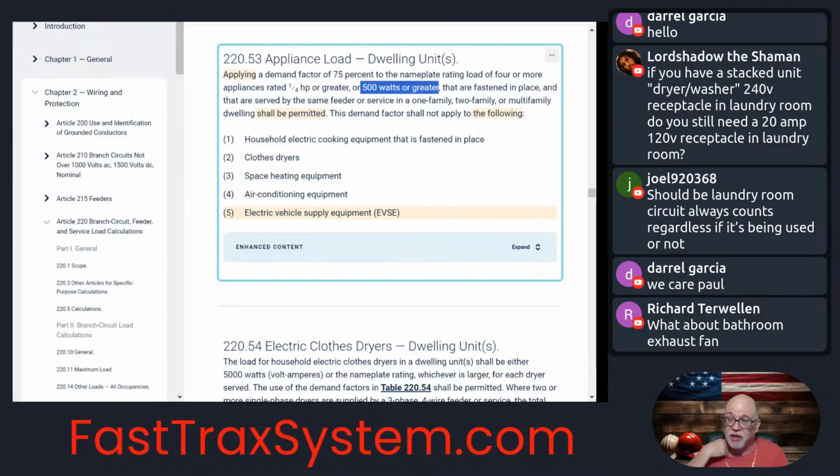Now, years ago, before this language made it into the 2020, there was a problem with people stacking these little motors in order to bump them into having 4 or more. And I'll be honest with you, I don't know why they would do that, because in the real world nobody is going to be using the standard method to size their service for a dwelling.